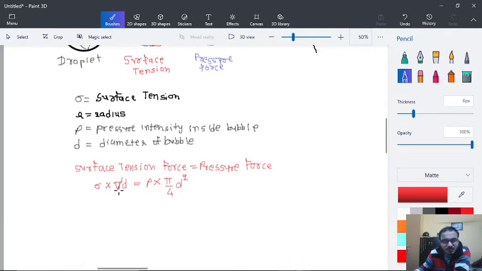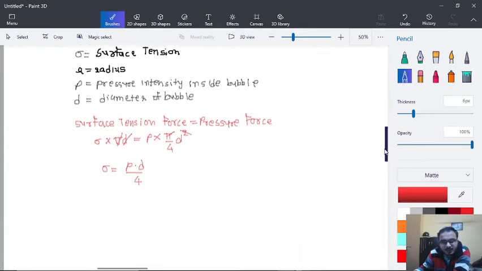So pi will go, D will go, and here we will have sigma is equal to P into D divided by 4.